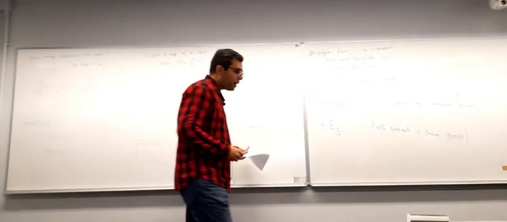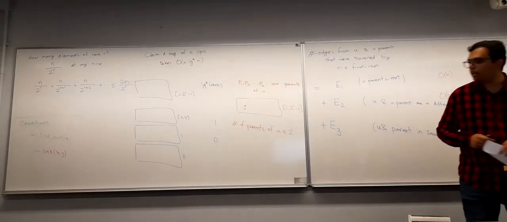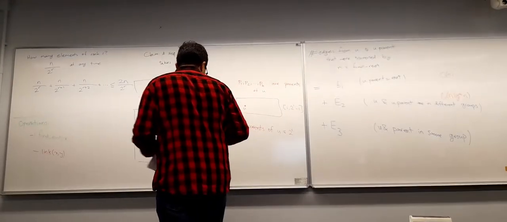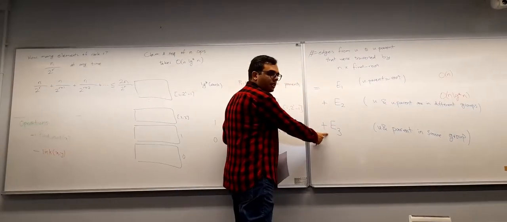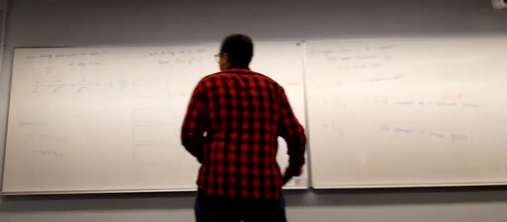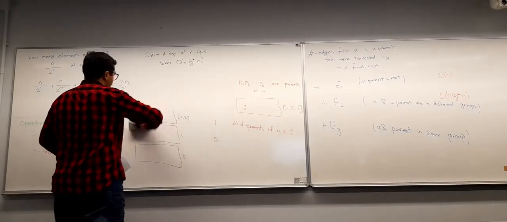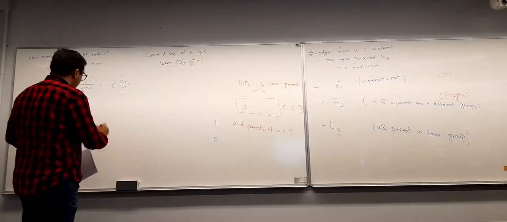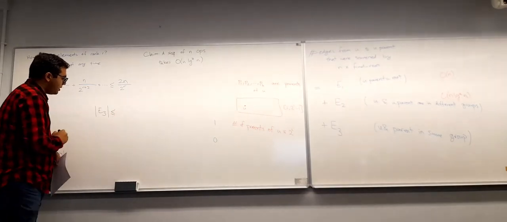Okay, so now I can sum this up over every value of u. I can say that my total number of edges of type 3, well, let me erase this one. My total number of edges of type 3 is at most what?